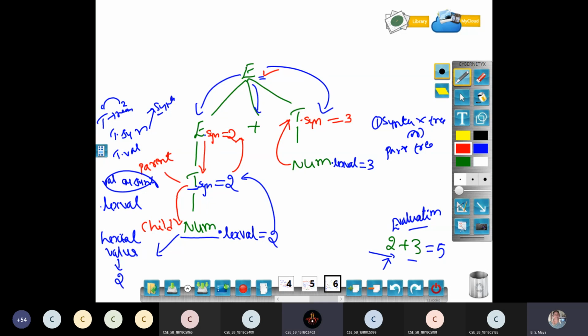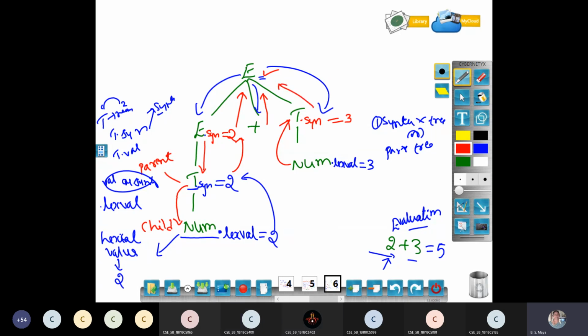Yes, ma'am. How many children are there? 3 children. What is the value of E? E is dependent on only its children? Yes, ma'am. Then what is the value of that? You have to take 2 plus 3. What is the value?